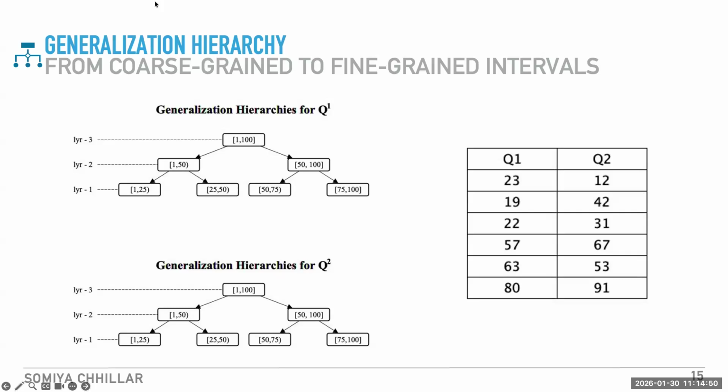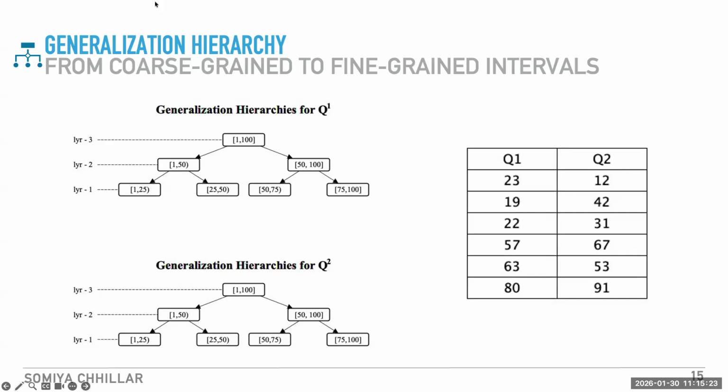We have a tree where the lowest level has the finest grain intervals, and as we move up the hierarchy, they progressively get merged into broader intervals. For example, every attribute here has a separate generalization hierarchy. So the attribute Q1 has a generalization hierarchy on top, and Q2 has a generalization hierarchy too at the bottom. Just to keep things simple, I've made them identical. But yeah, they could be different.